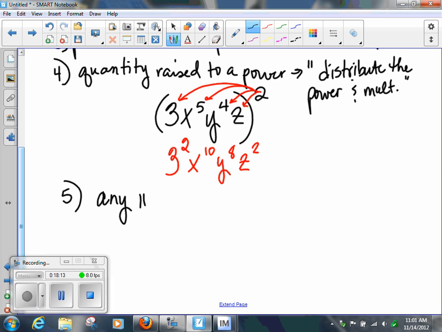Anything raised to the 0 power, any number, any variable, is equal to 1. Sometimes we forget about that. This is a whole unit in Algebra 1, and we're going to go over it in half a day.